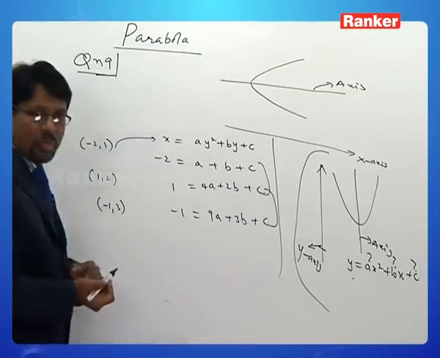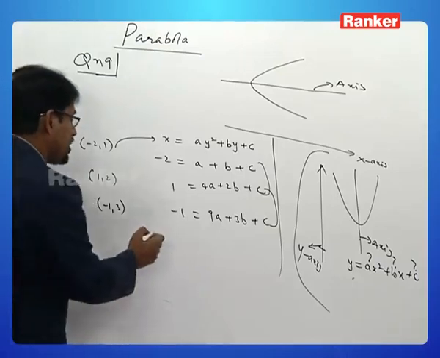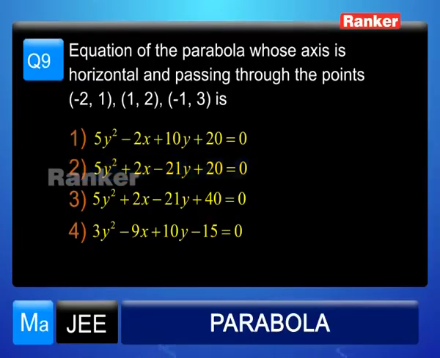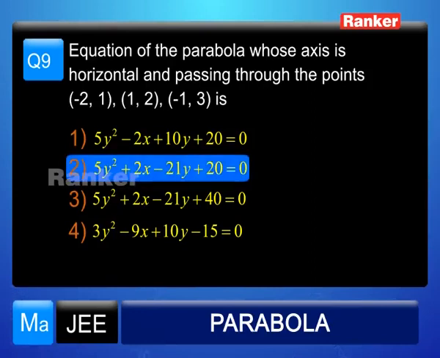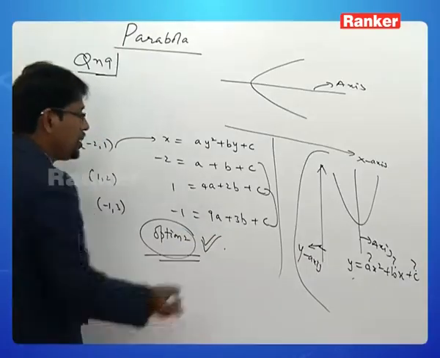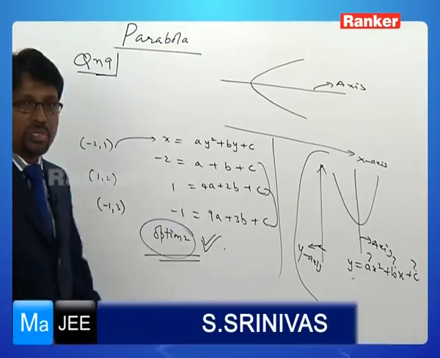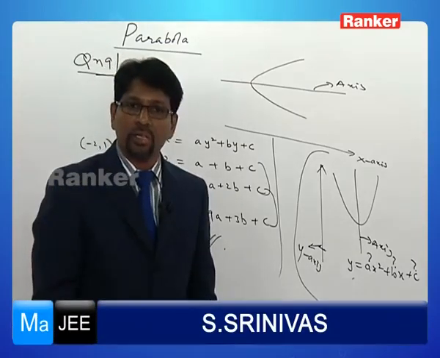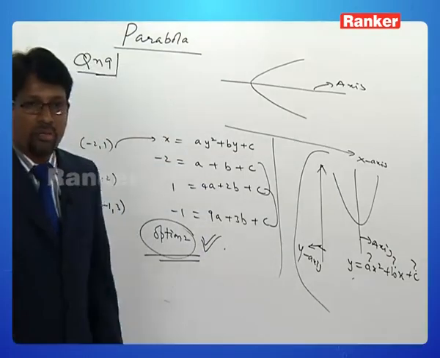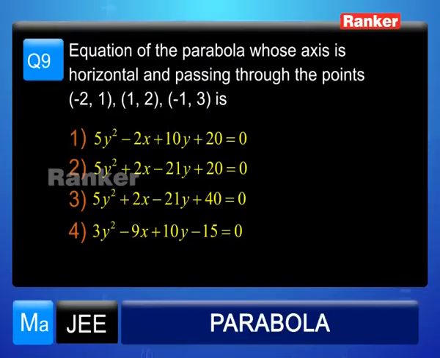Substitute back the values, and straight away we can easily see that option 2 is the right answer. It is a simple procedure, just solve these 3 equations for a, b, c and we will be able to find that it is 5y square plus 2x minus 21y plus 20 equal to 0 will be the parabola. So the right option is 2.